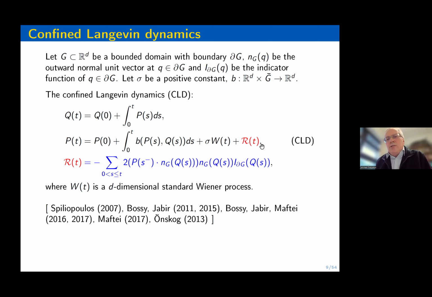What this red term does, this Skorokhod process added to the momentum, is that Q, the position, remains in a bounded domain G with boundary partial G, and n will be the outward normal vector at the boundary. I would say from the beginning that we will assume that the boundary is nice, that it is sufficiently smooth. So we are not looking here at pathological cases.